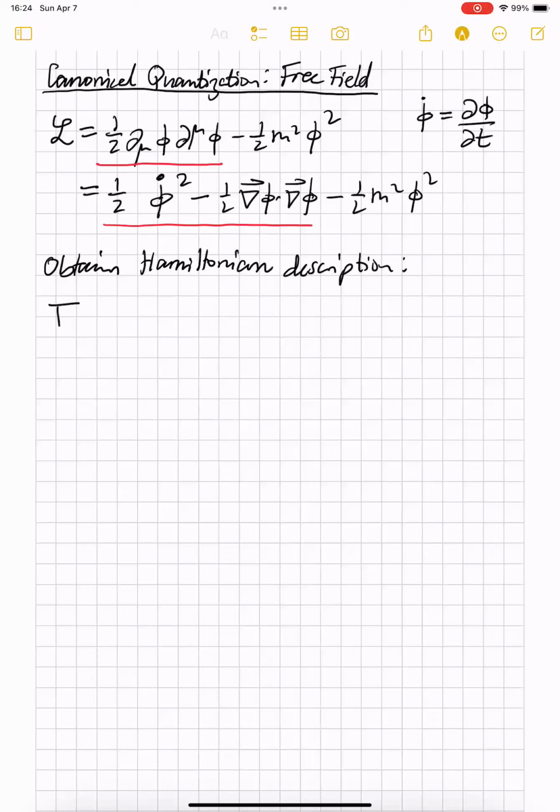So the first thing that we need to do, we need to calculate the conjugate momentum pi at x and t. So this is a field, and it's given by the derivative of the Lagrangian density with respect to phi dot of x and t. And looking at the Lagrangian density given above, it's the first term underlined in red that makes a contribution, and we just get phi dot of x and t.